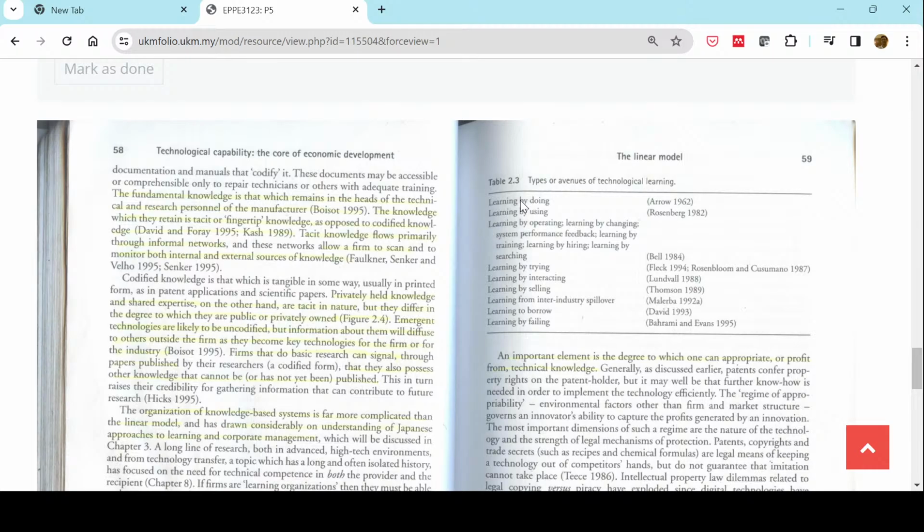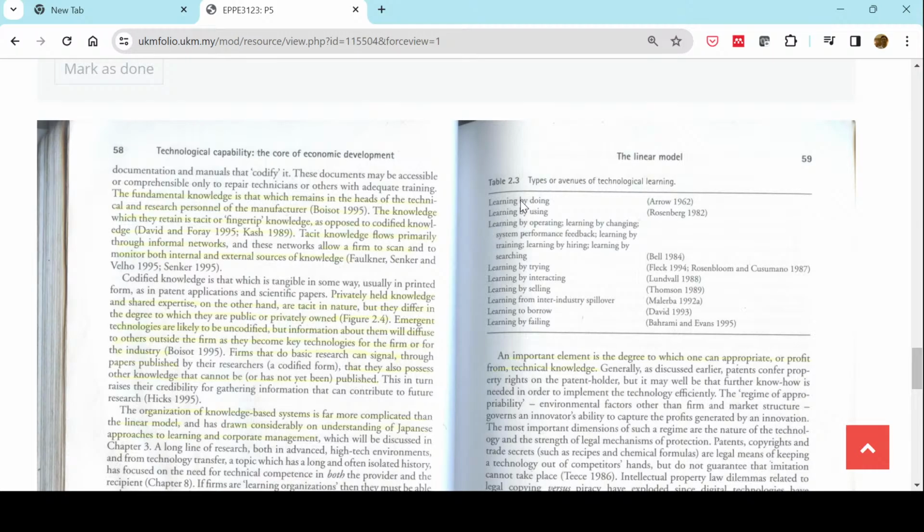Learning by using, learning by operating, learning by changing, system performance feedback, learning by training, learning by hiring, learning by searching, learning by trying, learning by interacting, learning by selling, learning from inter-industry spillover, learning to borrow, learning by failing.